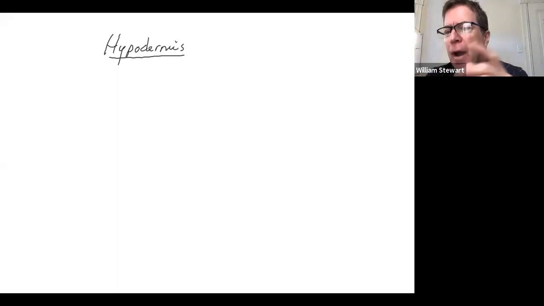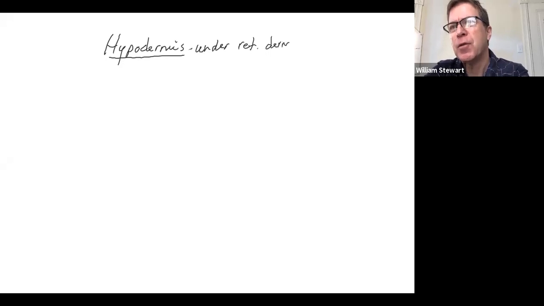So if you are asked what is the deepest layer of the skin, the hypodermis is not it. Actually, the reticular dermis is the deepest layer of the skin. The hypodermis is under the reticular dermis, and it is made up mostly of fat cells. So I'm just going to write fat, adipose tissue.